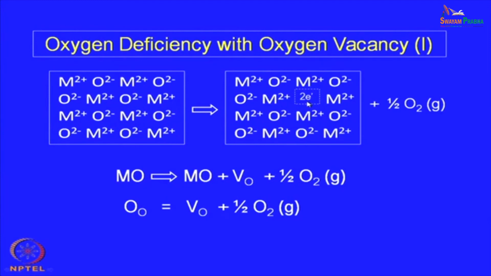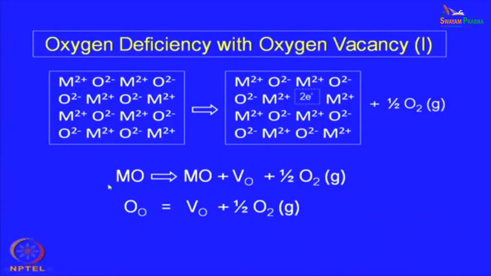So, a neutral defect has been created and in fact, an oxygen has come out. This oxygen mass has come out in the form of an atom, because it is coming out in the gas phase. So, we look at it as half O2, it is coming out as a molecule, but actually one atom of oxygen is coming out. So, we write it as half O2. That is a very common notation we use in defect equations.